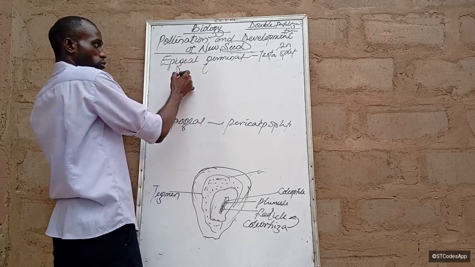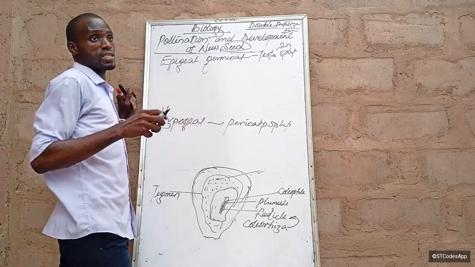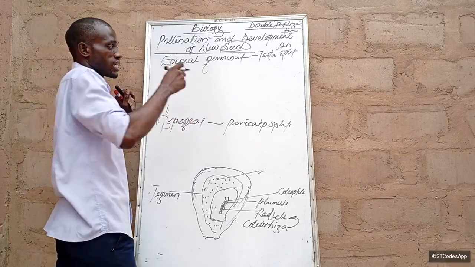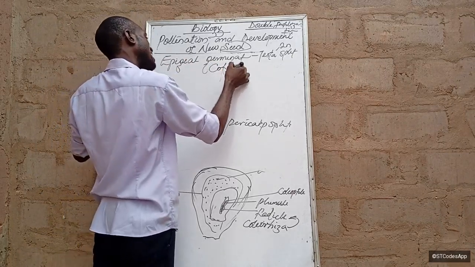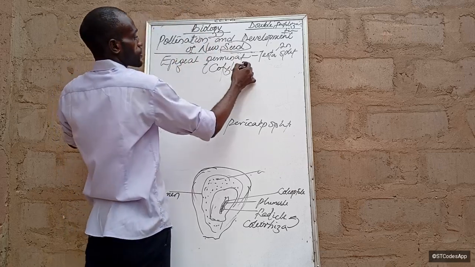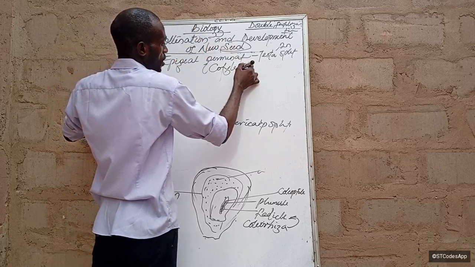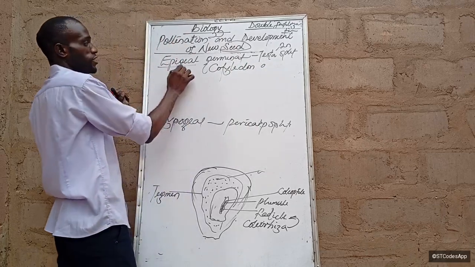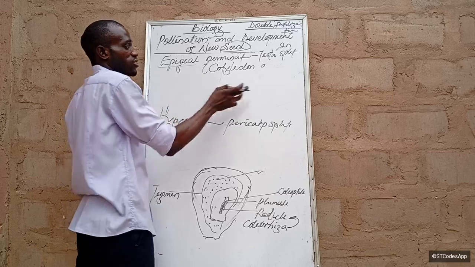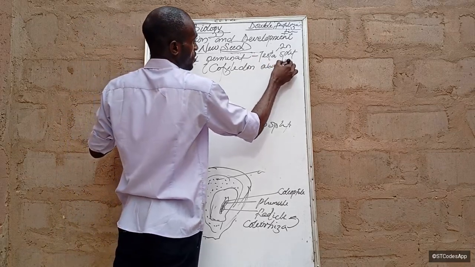Okay? In epigeal germination, the hypocotyl, which turns into the shoot, the hypocotyl is first, the cotyledon is carried above the hypocotyl. The cotyledon is above the earth. That's the meaning. Epigeal is from the word epigeos, which means the cotyledon is carried above the earth.